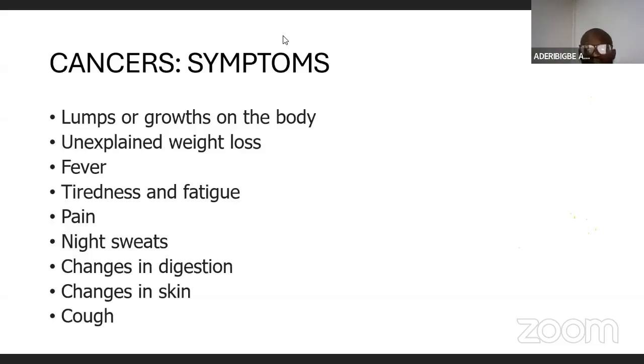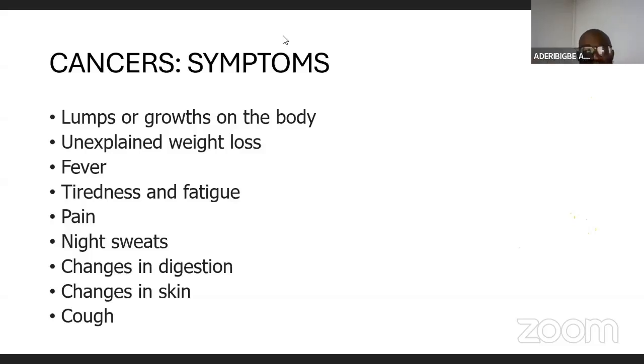It's the blood tumors that cause fever, and that's usually because the immunity is low and the person now has infections on top of it. Also, tumors produce some things that cause fever in the body. Tiredness and fatigue. Then pain. Pain is generally a late sign of cancer. And the night sweat I mentioned is associated with the fever I talked about for blood tumors.